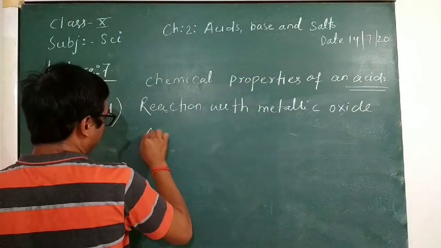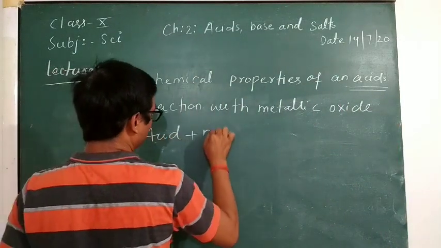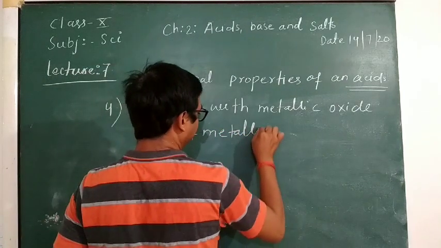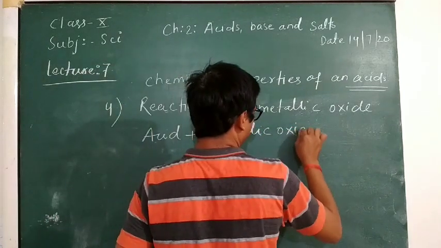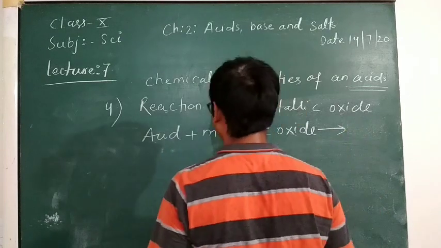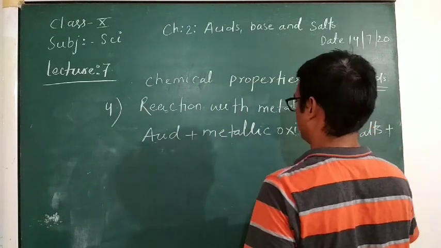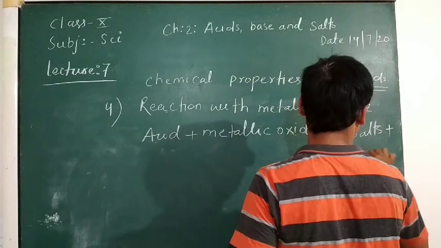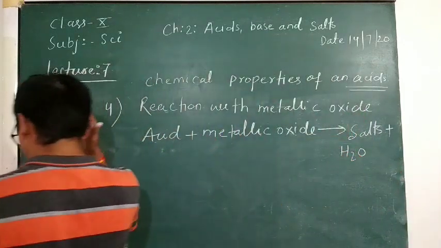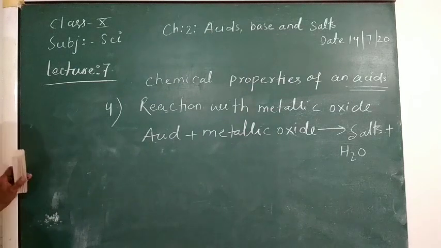So acid reacts with metallic oxide to form salt plus water. Okay, so here salt plus water.